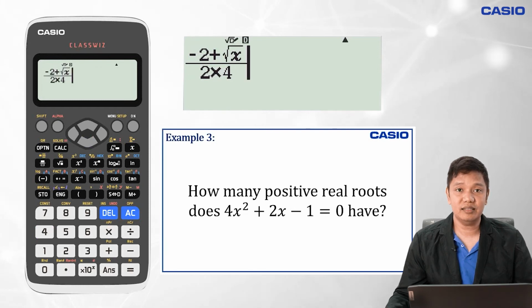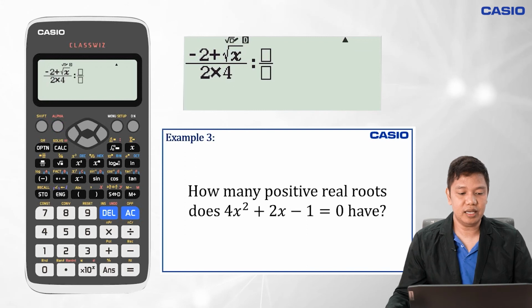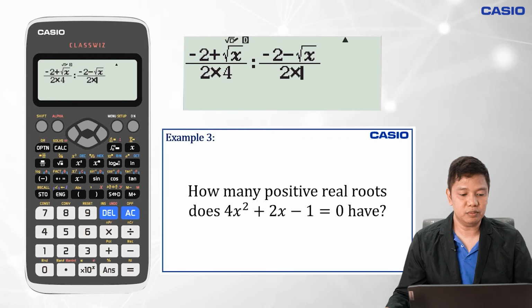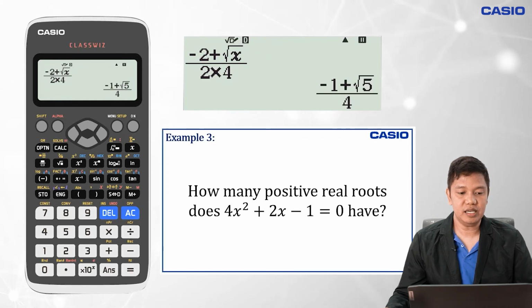Arrow right, to get the second root, we need to use the multi-statement function. So press alpha and then the integral sign, and then fraction bar again, and then negative 2. This time, we have minus the square root of the discriminant, which is x, over 2 times 4. Pressing equals, you have there negative 1 plus square root of 5 all over 4.